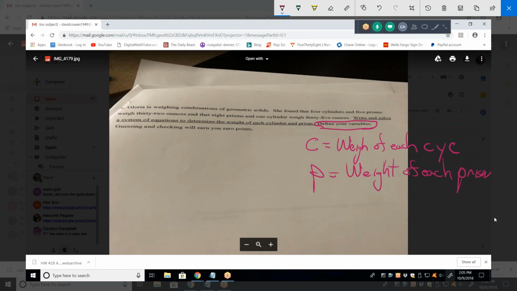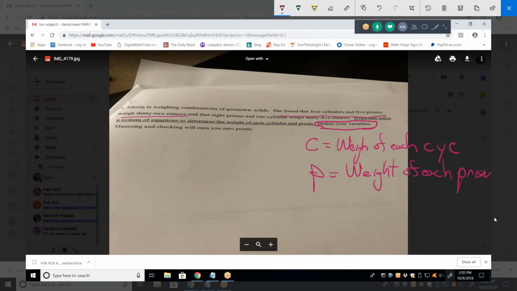Now, she found that 4 cylinders and 5 prisms weigh 32 ounces. Give me an equation that says that. In other words, the secret of word problems is defining your variables and then translating the word problem to an equation.